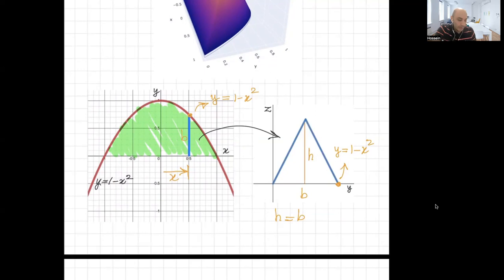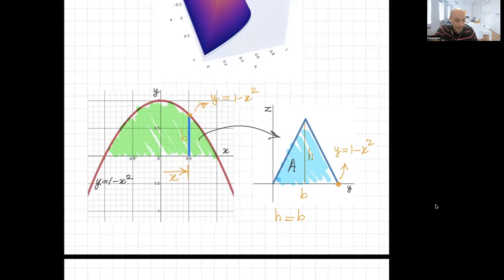So my strategy is to first calculate the area of this triangle, let's call it A. After that, I'm going to use integral, which is basically a summation of all these areas.